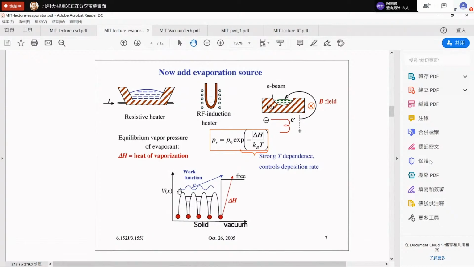This is a work function, right? And to remove it to the free vacuum, right? So how do we do that? We need to know that the heat of evaporation is a key to remove from the solid phase to liquid phase, and finally to the vapor phase.